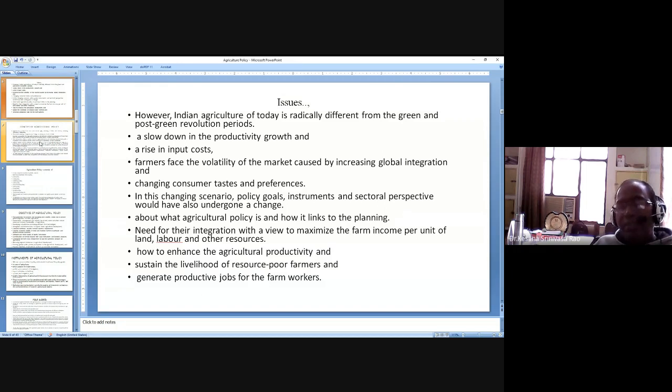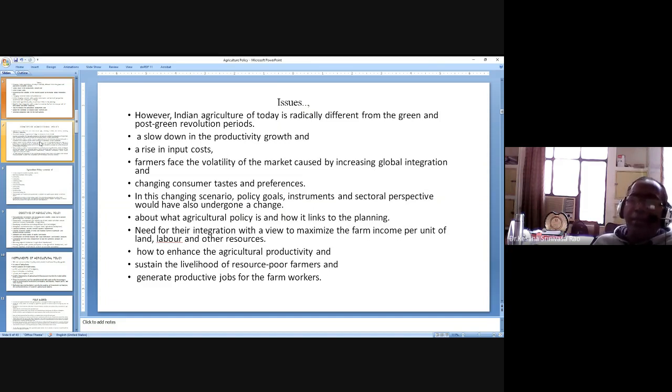For several years, the classical to neoclassical or modern economic theories have suggested that this is the trend, agriculture to industry, industry to services. In the developed countries, it has been successful.